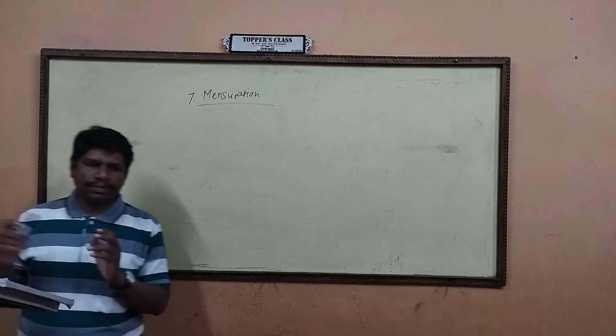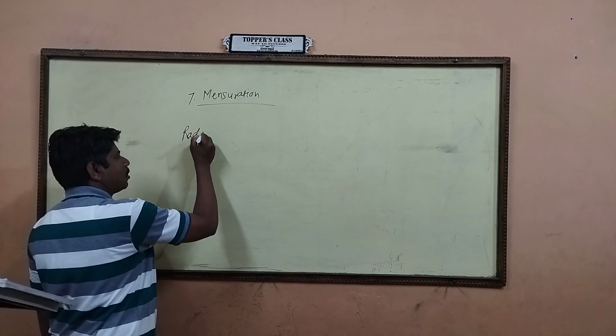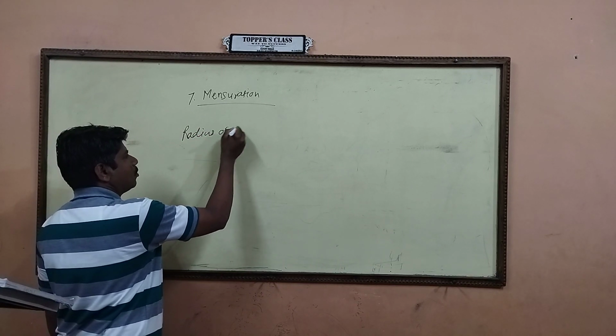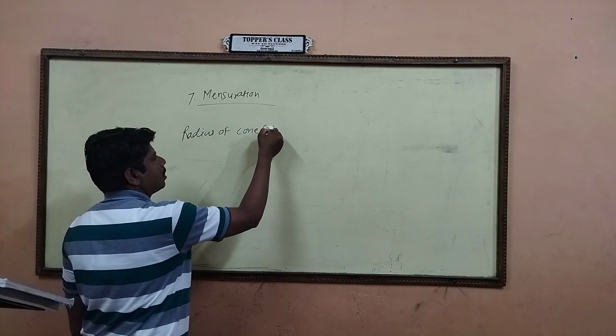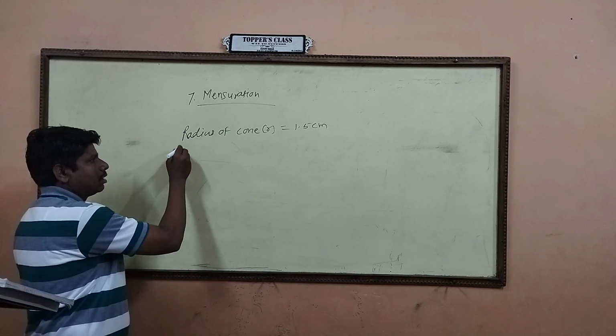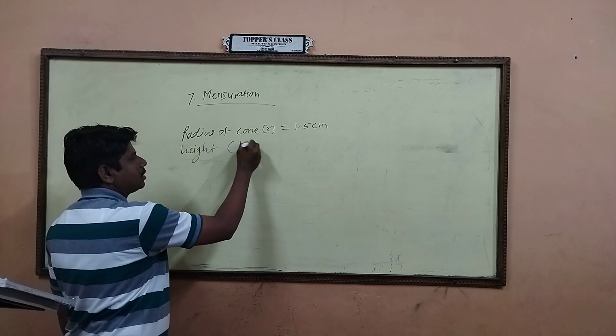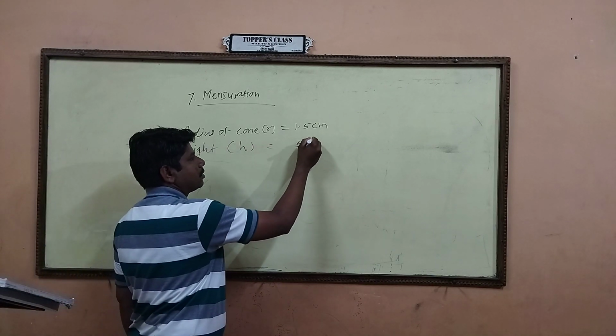What is given in this problem? Radius of cone is given, that is R, 1.5 centimeters, and height is given, that is H, 5 centimeters.